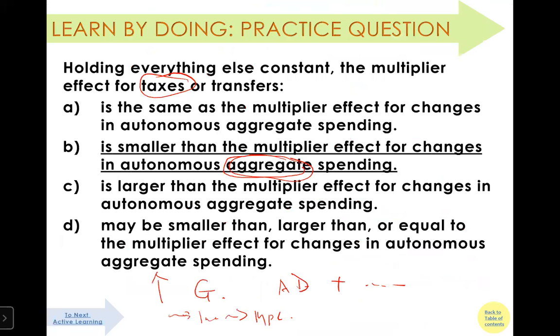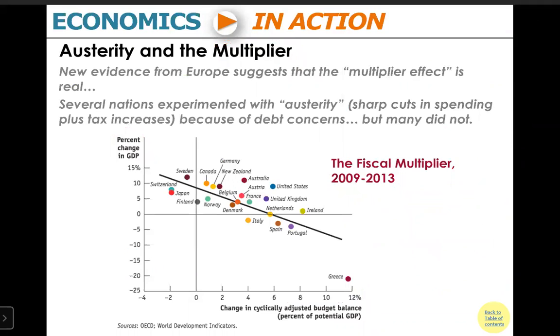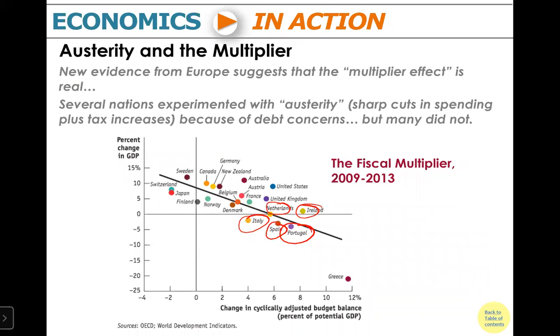This is the graph we have seen, right? Portugal, Spain, Italy, Ireland, Netherlands, pretty much everyone, right? They have very limited ability to use expansionary fiscal policy because they are required to keep their deficit within 3% of the total GDP.